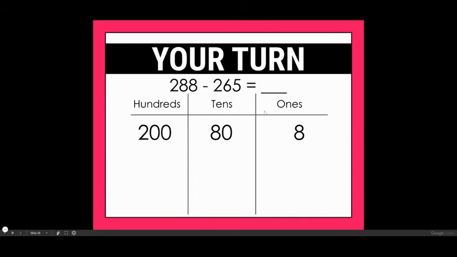There are 5 ones. So we're going to put that in our ones column. And then let's turn it into a subtraction problem. So we have 8 minus 5. What is 8 minus 5? 3.